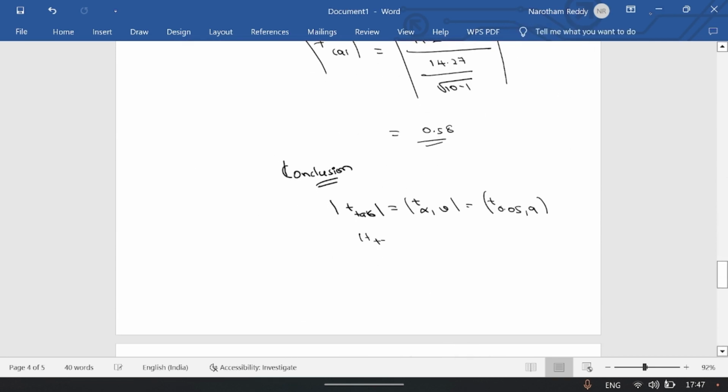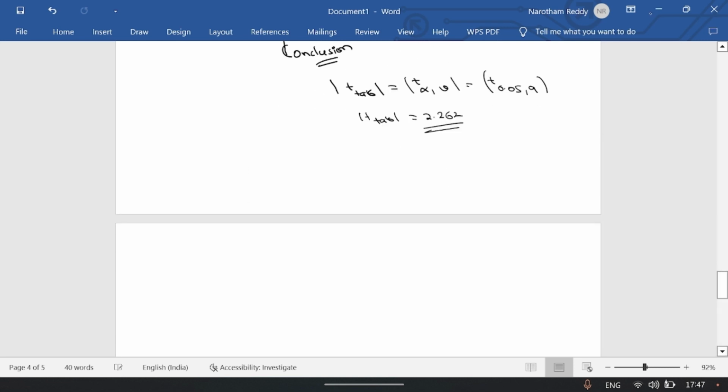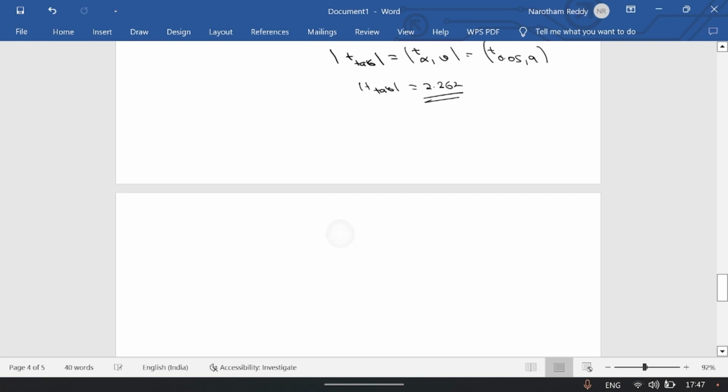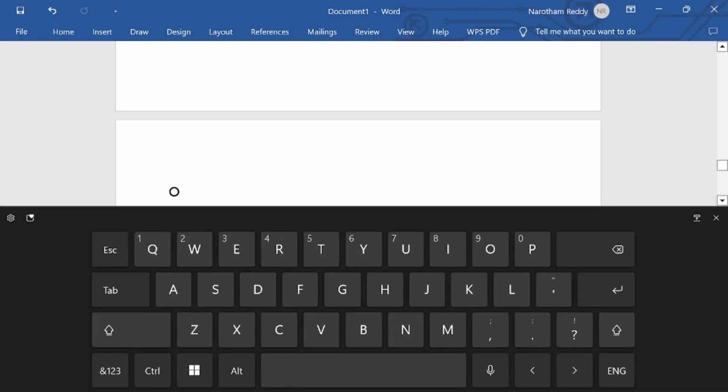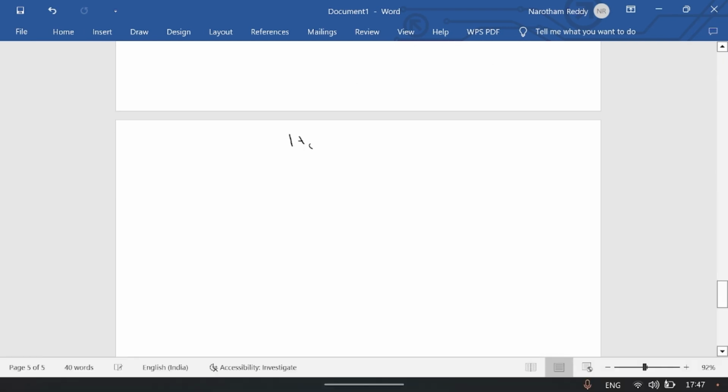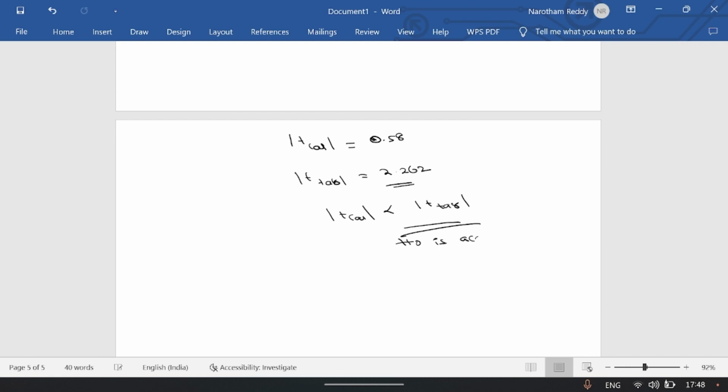T tab value is 2.262. Here T calculated value equals 0.58 and T tab value equals 2.262, where T calculated value is less than T tab value. Therefore, H naught is accepted. So, it is not significant.